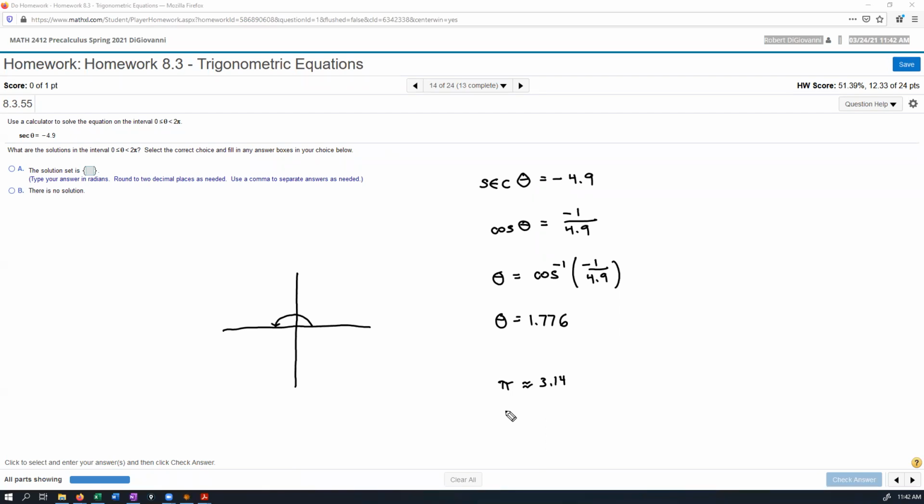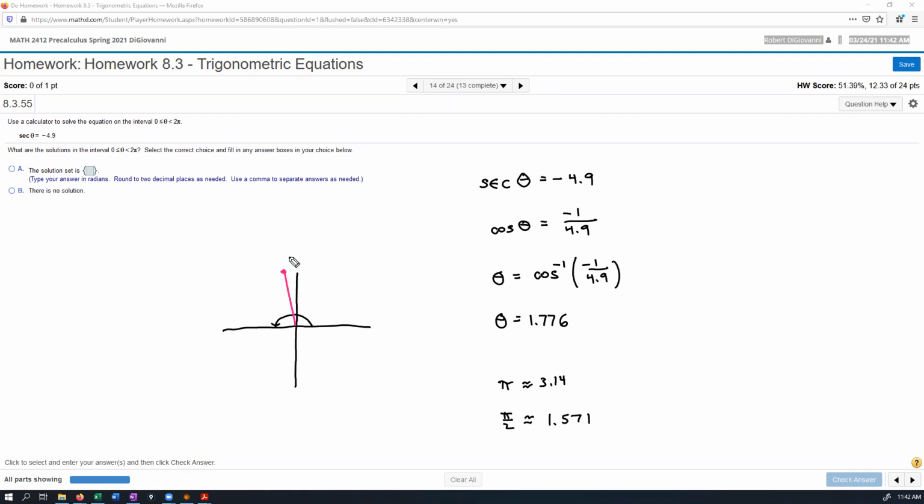But what about pi over 2? If I take pi and divide that by 2, I get 1.571. So this angle theta is 1.7 something, a little bit bigger than pi over 2. It's somewhere around here.